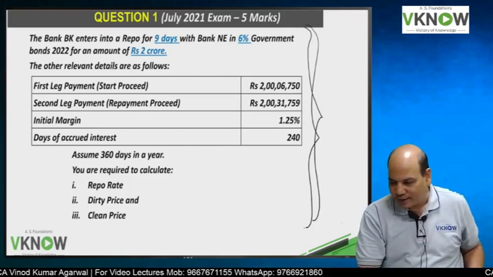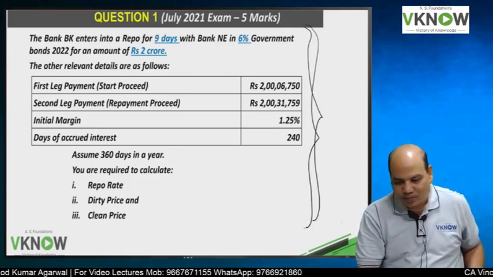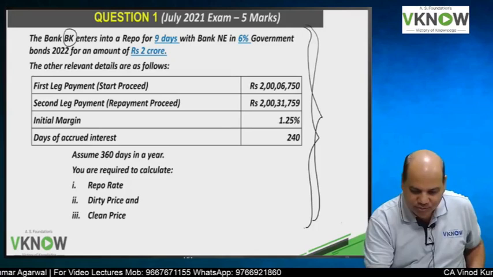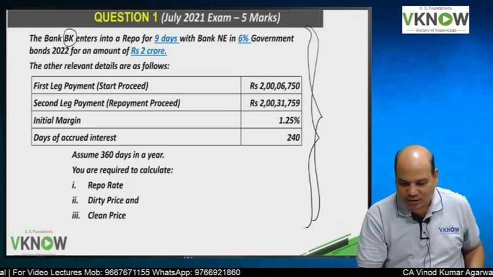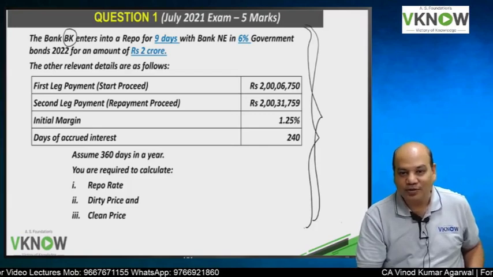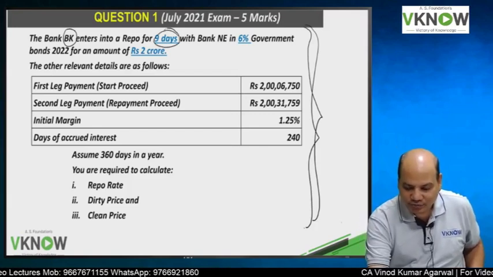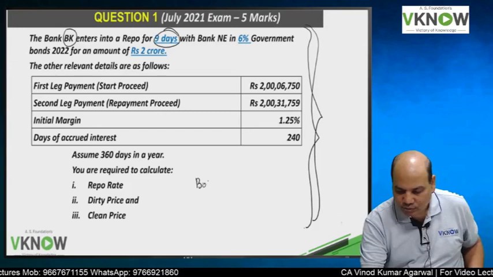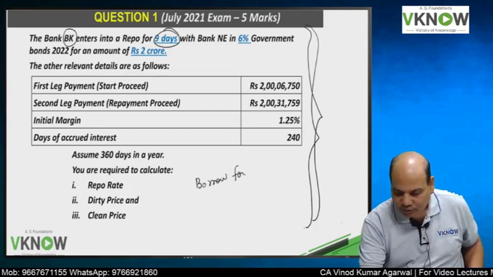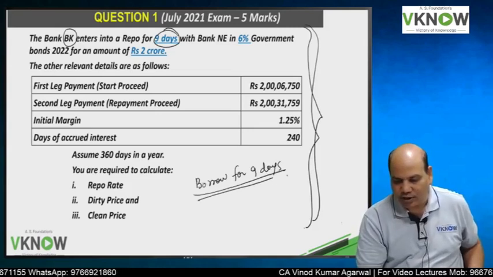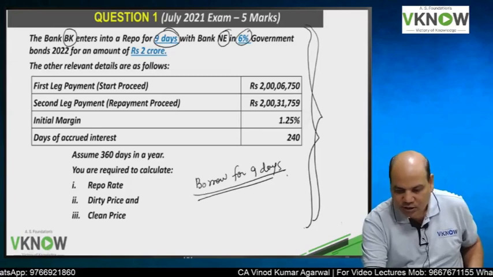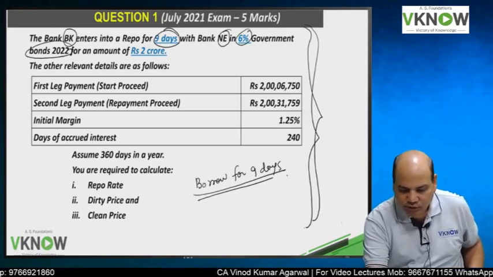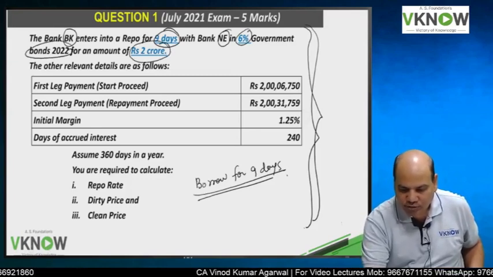I hope you enjoyed. The bank BK, name of the bank is BK, enters into a repo for 9 days, so that means you will borrow for 9 days, with bank A in 6% government bond 2022 for an amount of rupees 2 crore.